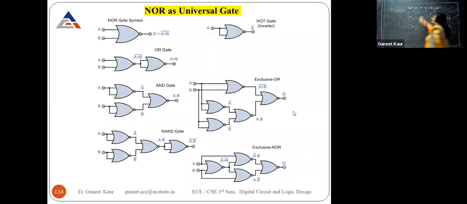So this is your NAND gate realization using the NOR gate. With similar steps, we can get any of the gates using the NOR gates or using the NAND gates. So this was the universal property of your NAND gate and your NOR gate.